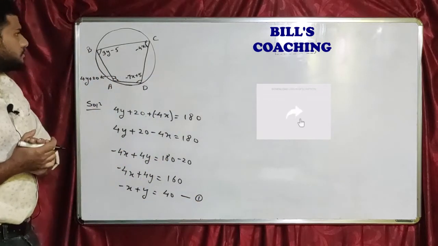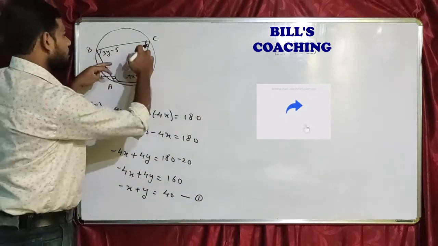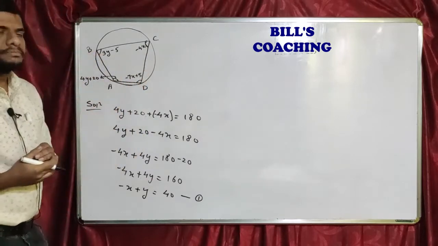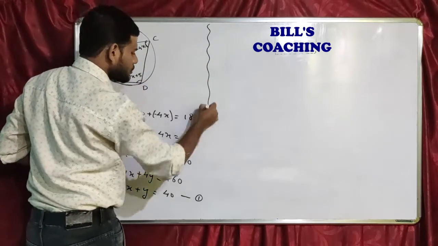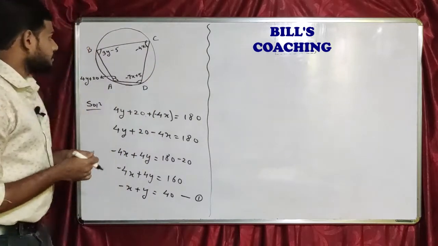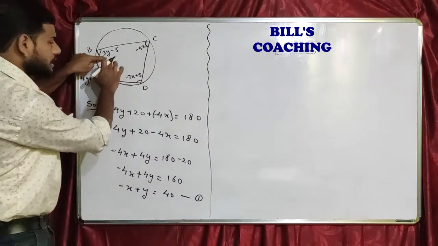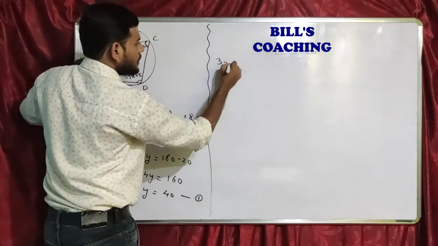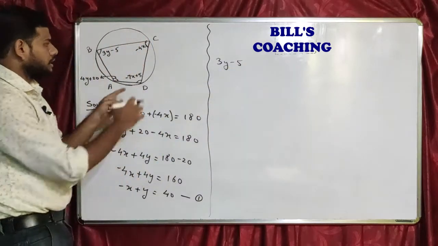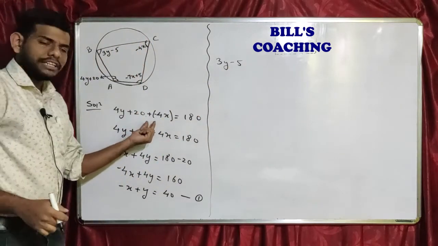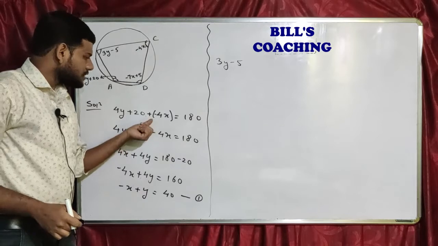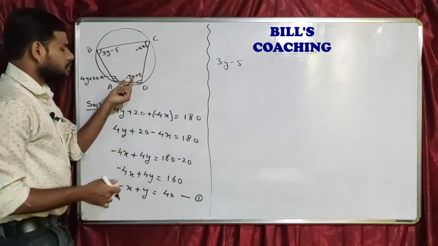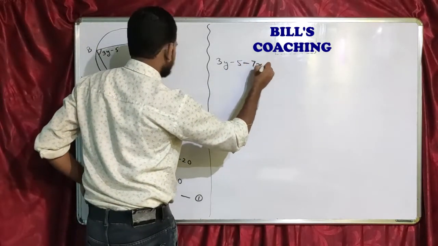Simple equation. Now concentrate on these two angles. Let me write this over here, this side, and how we can write this angle, which is 3y minus 5 plus this angle, as I had done it over here, minus sign. Since we are putting a plus sign, doesn't matter, so let me write it directly.